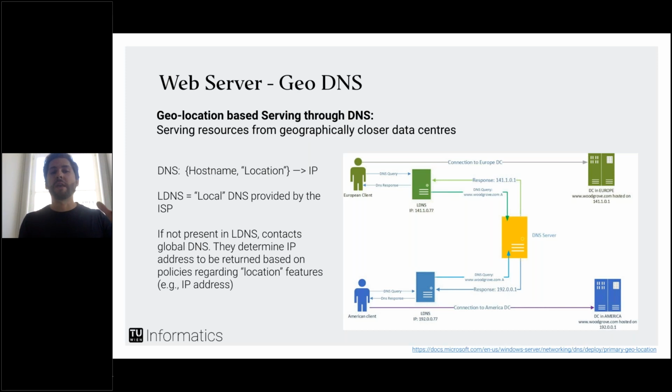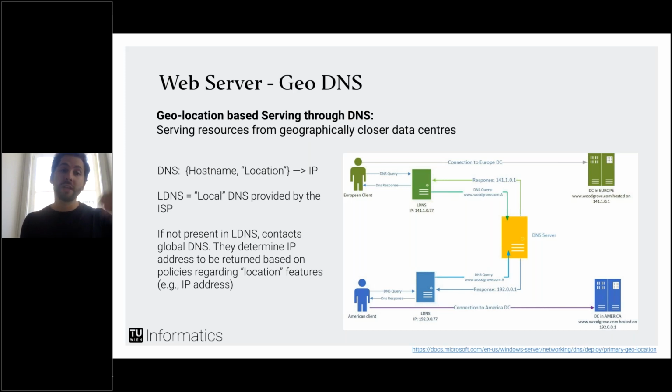Again, this is pretty vague and abstracted away from the reality of all this, but for you to understand, DNS most of the time is a function from host name and some notion of location to an IP address. You can see an example on the right here. Oftentimes, the location that I have in quotes here is just your IP address. There are also sometimes other factors that go into this, but let's say just your IP address for now.